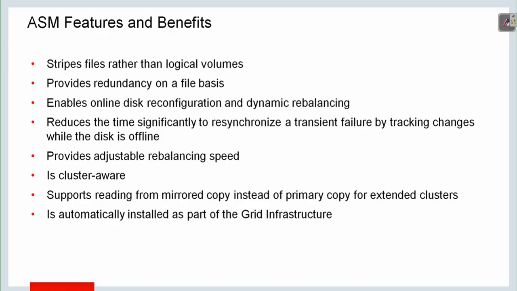If you create a file in the normal redundancy ASM disk group, this will be two-way mirroring by default. However, I'm storing a very critical file, so I want to use triple mirroring for this specific file. Yes, you can do it. You can create a template to enable triple mirroring, and when you create a file, you specify the template name. Or if you have a less important file, you can also disable the mirroring feature at the file level.